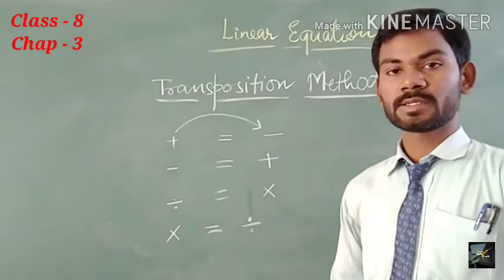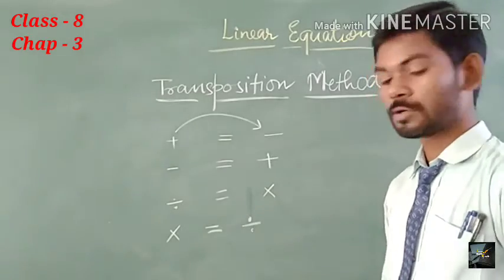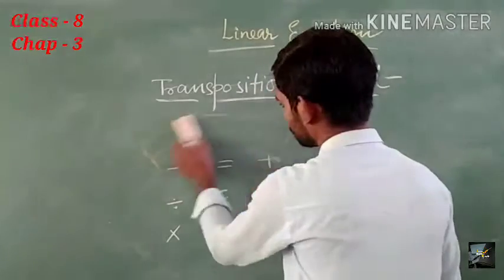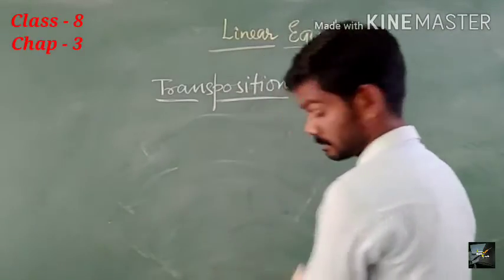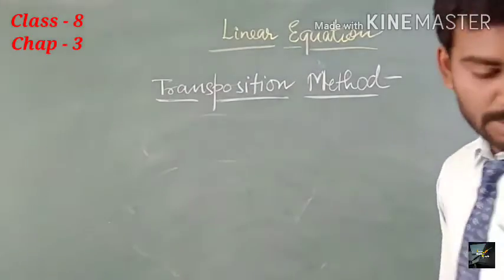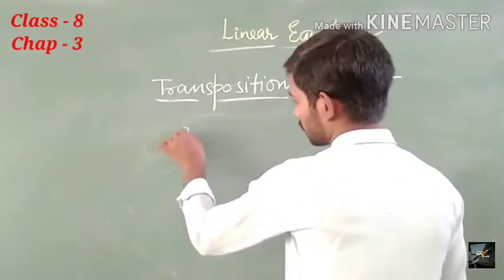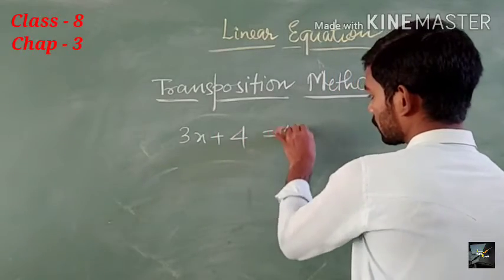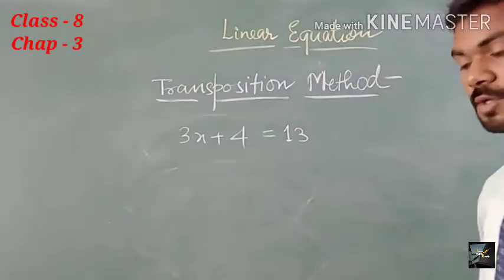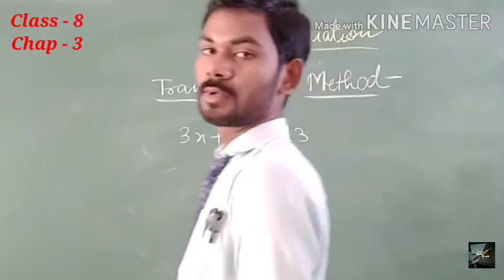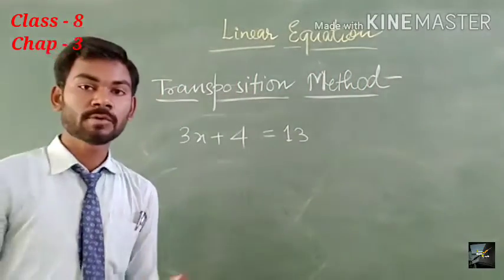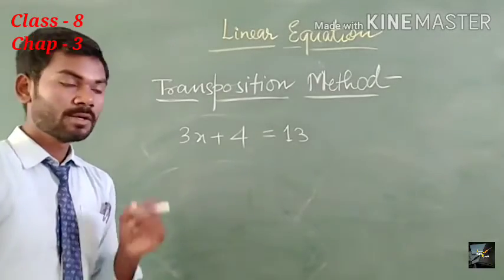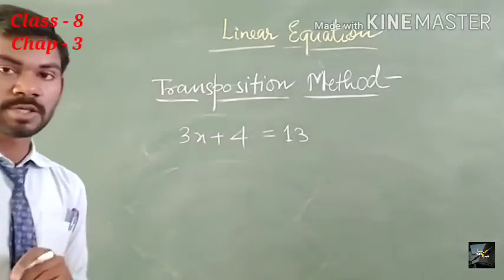So, let's start with an example. Just suppose that 3x plus 4 is equal to 13 is a given linear equation, and we have to find the solution of this linear equation. We use the transposition method.